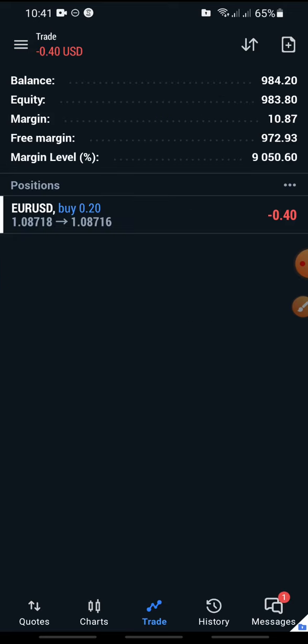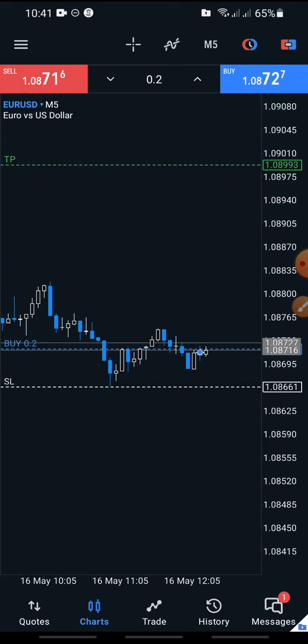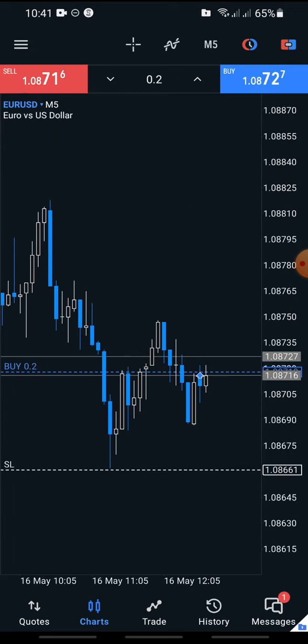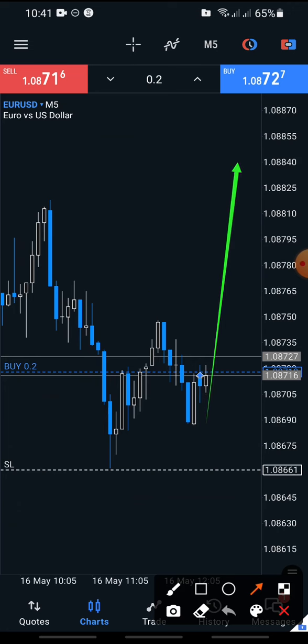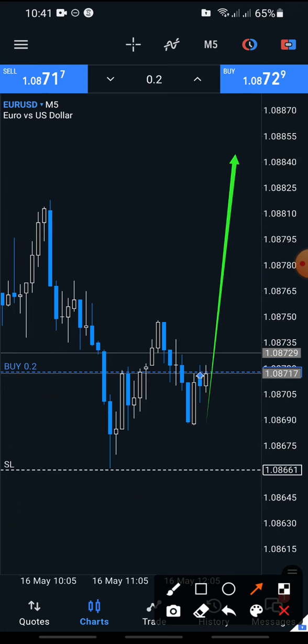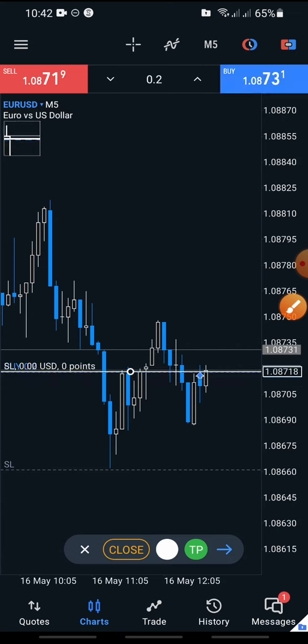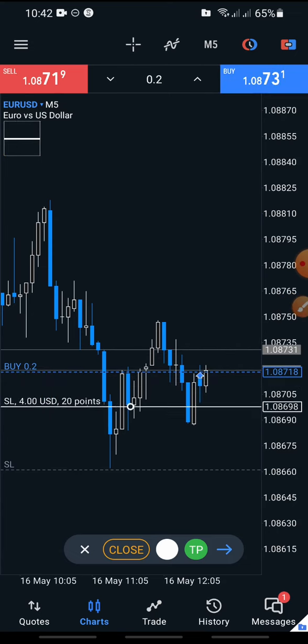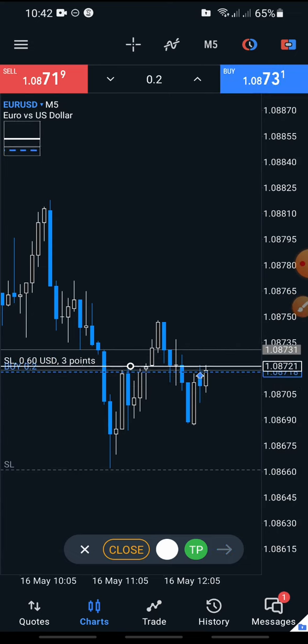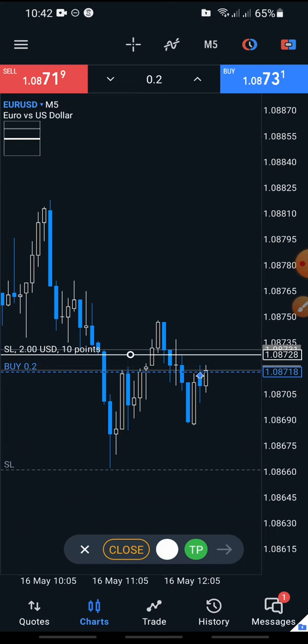Now, break even is BE. It's quite simple. Let's assume that I place this trade and this trade goes into profit. What it means to break even is that I don't want to lose any money again. I come back to the chart here, I activate this order, and I move my stop loss to my entry. You see the minus reduces, and I move it to my entry and ensure that I lock in maybe some small money, maybe $2.